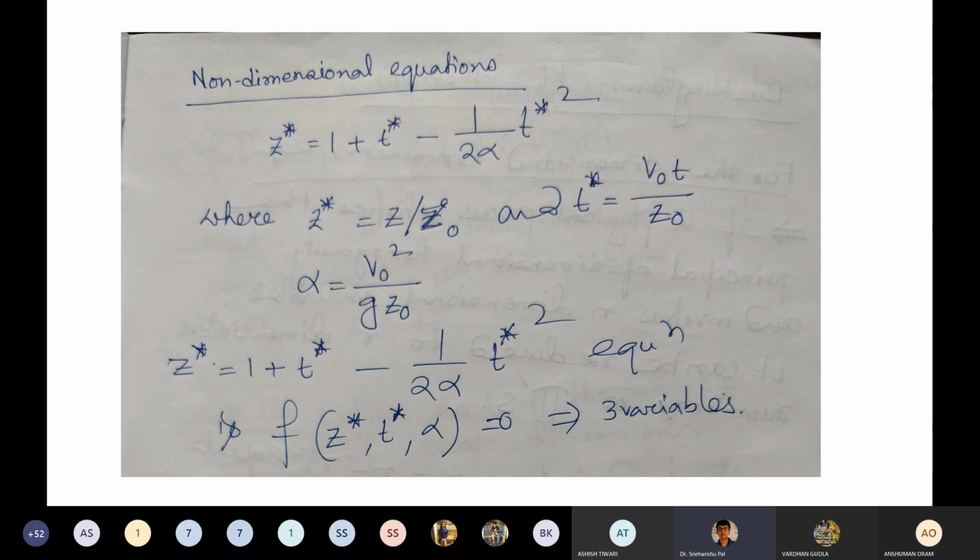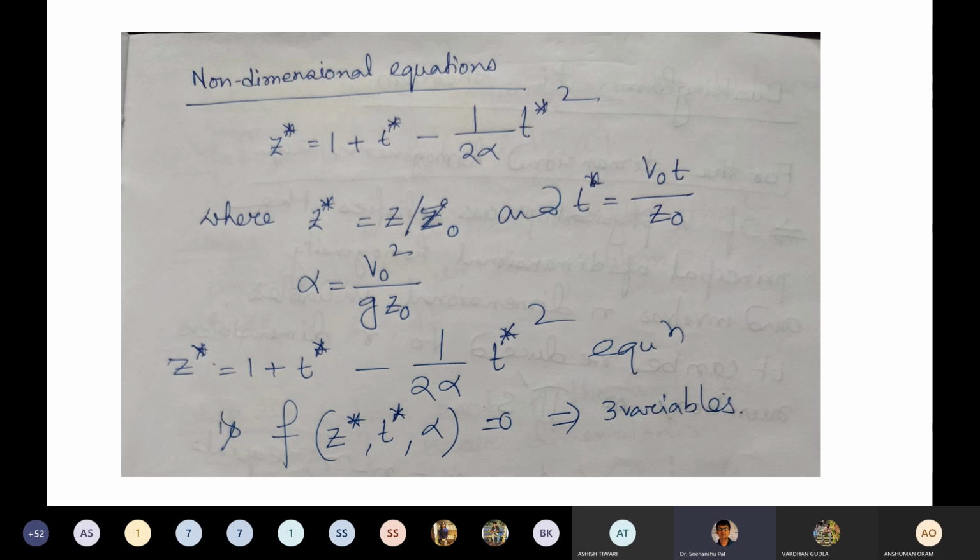So it will be L, and z0 dimension will be L. In the same way, if you consider alpha, v0 square means L square t to the power minus 2, and g is L t to the power minus 2 into L. So you see that denominator and numerator both cancel out.